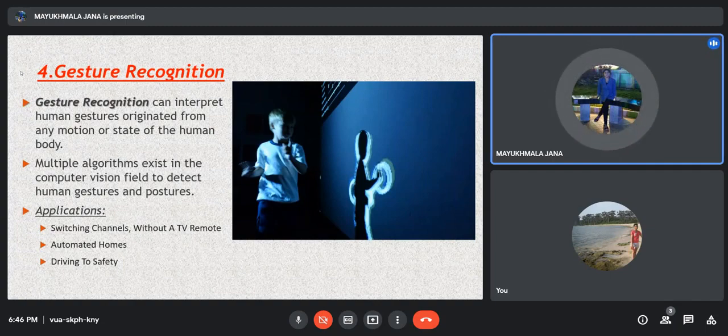From the application point of view, video controllers like Xbox by Microsoft having the Kinect controller, or people who are visually impaired or have some other complexity in their motor functions can take help of gesture-based input devices. Other applications are switching channels without a TV remote, automated homes, and driving to safety.